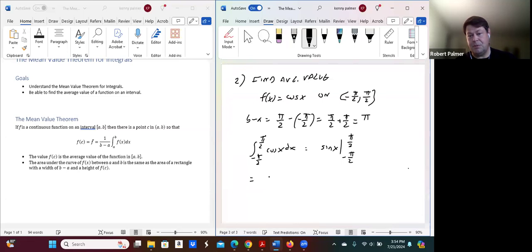And so that's going to be the sine of pi over 2 minus the sine of negative pi over 2.